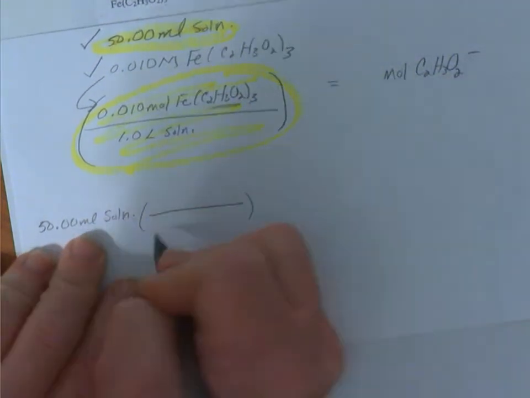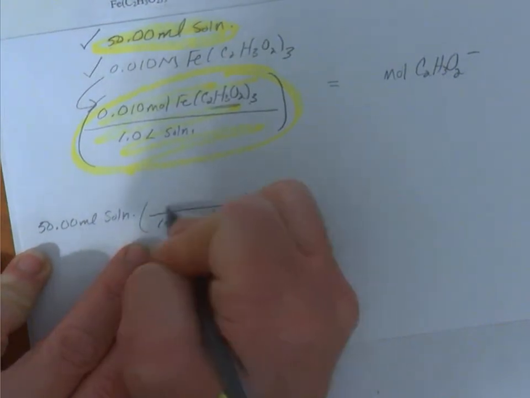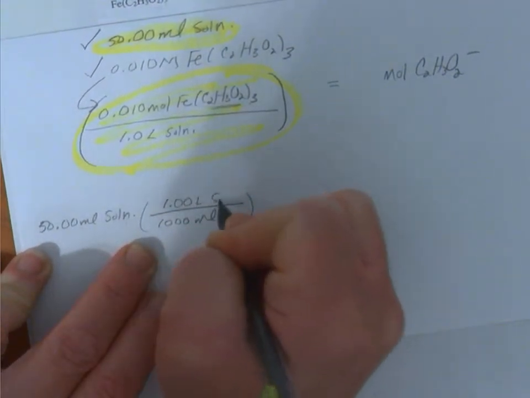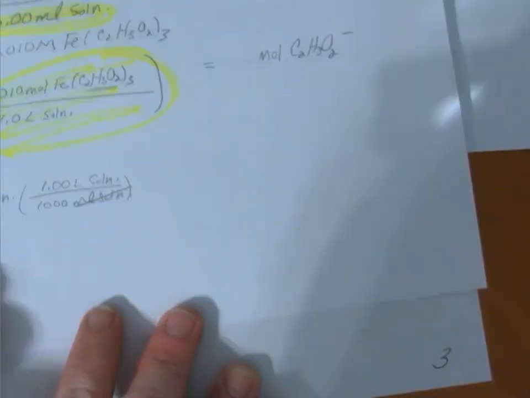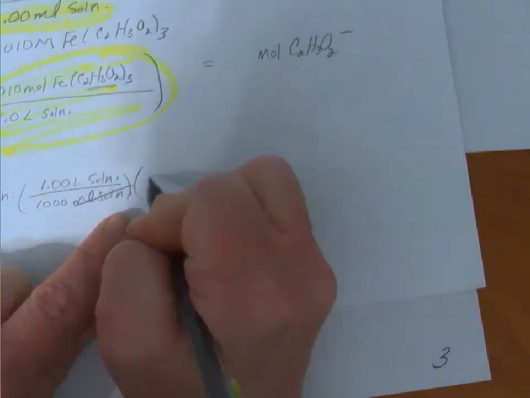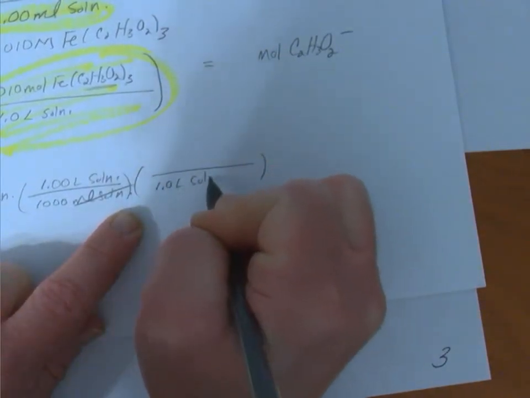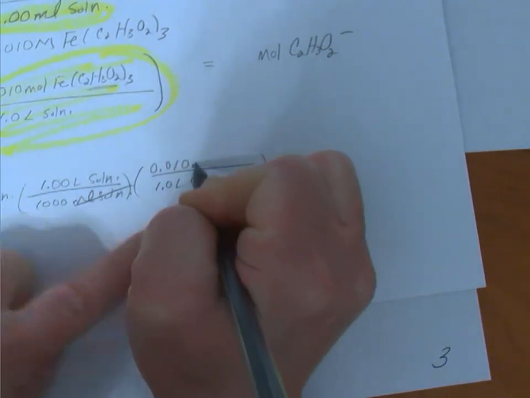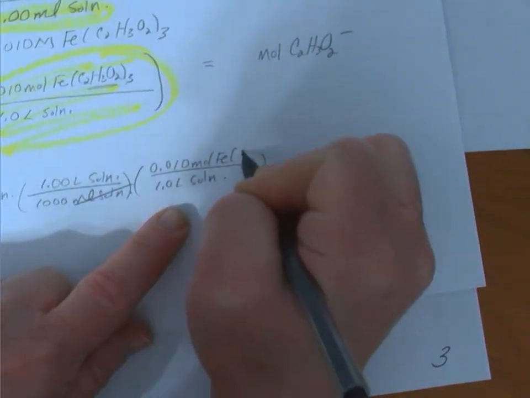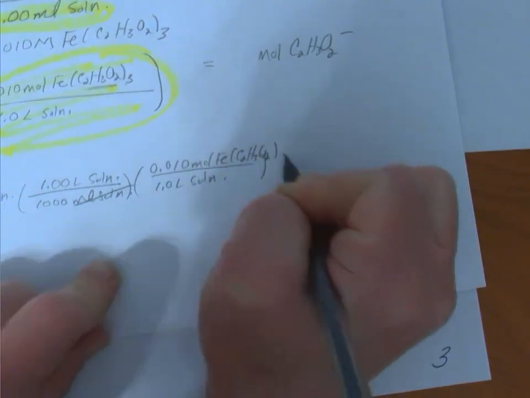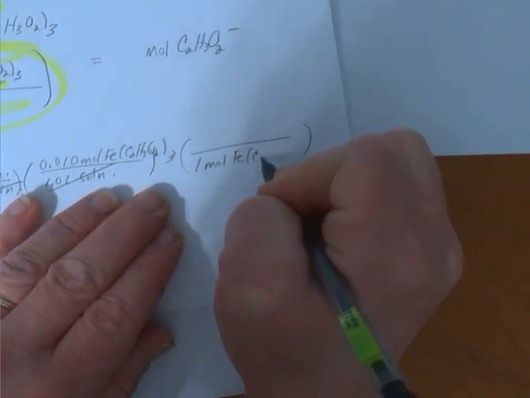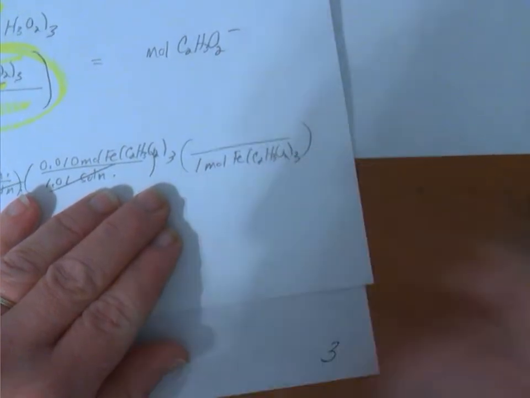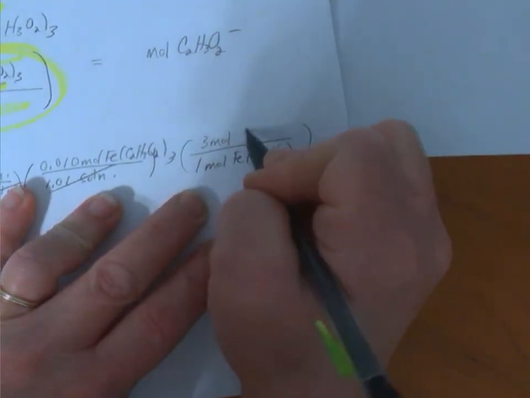Oh, so if I convert from mL to liter, then use my molarity. Okay, now I'm in terms of just my solute. And I know I can interpret that formula. For every 1 mole of Fe(C2H3O2)3, there are 3 moles of acetate.